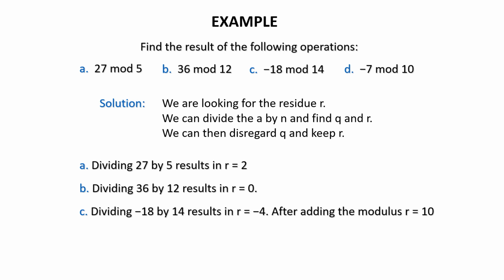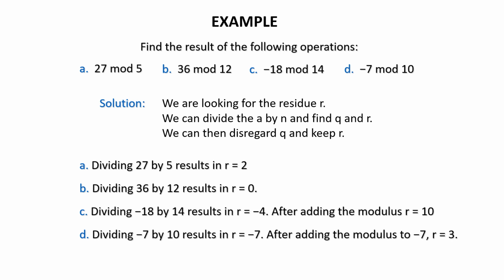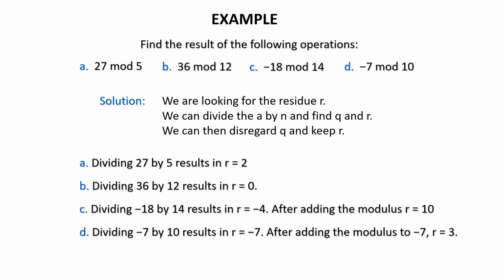We have r equals -4 plus 14 equals 10. This means that -18 mod 14 equals 10. D. Dividing -7 by 10 results in r equals -7. After adding the modulus to -7, we have r equals 3. This means that -7 mod 10 equals 3.